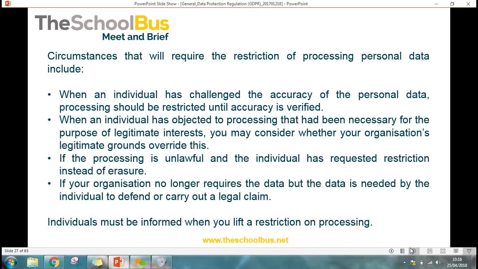If we have, as schools do, a legitimate interest in using data to provide education to children, we can rely upon that as the basis for continued processing, even if the individual has said they would not like the data to be processed. And if we don't need the data but need to keep it to maintain our defences moving forward, then we can do so. But if we are going to override an individual's right to restrict the processing of data, we of course need to tell them.